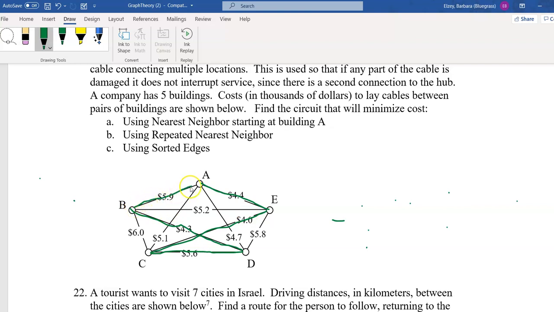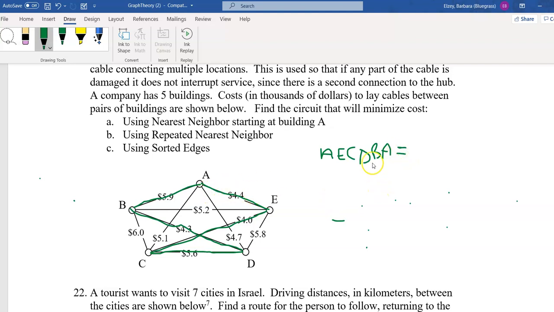And let's notice that's going to complete the circuit. We have visited everything. So we have A, E, C, D, B, A. Now this is what we got from the nearest neighbor algorithm when we did it the first time.